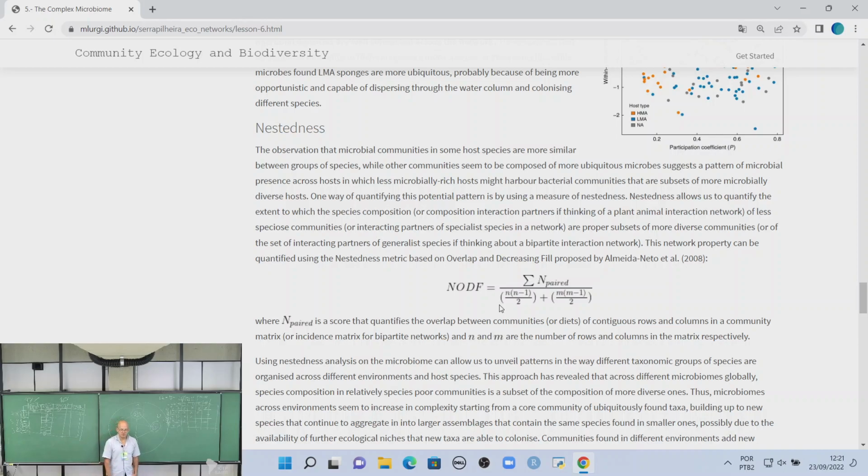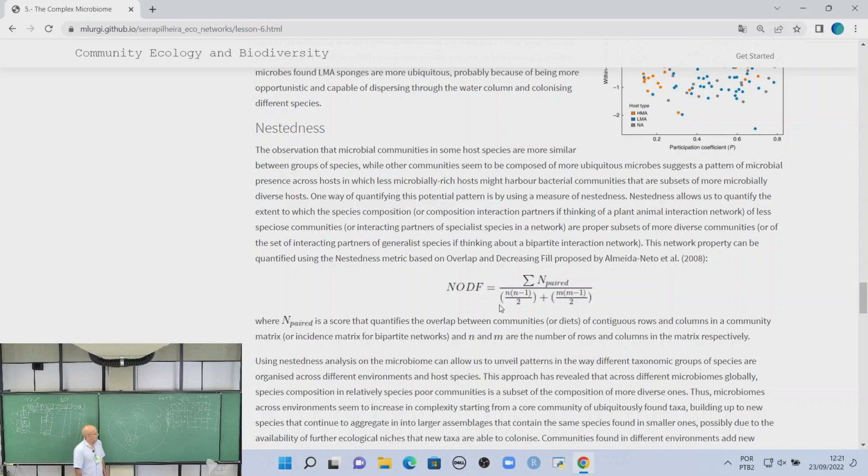All good? So one interesting property about this pattern, when thinking about networks in particular, is that it has been linked to the stability of ecological bipartite networks of plant mutualistic interactions.